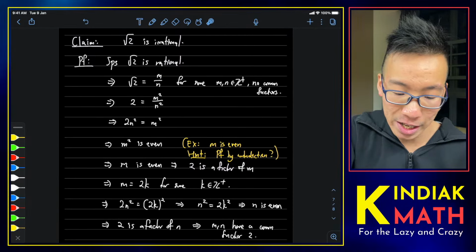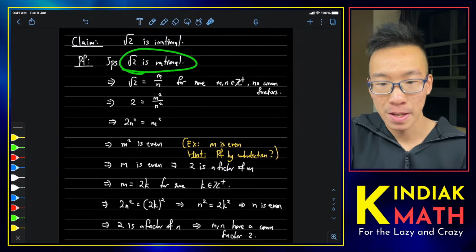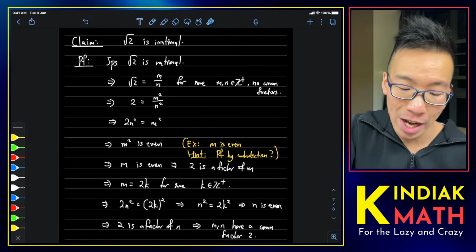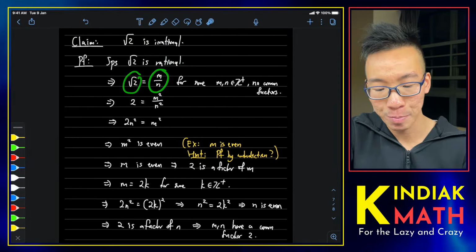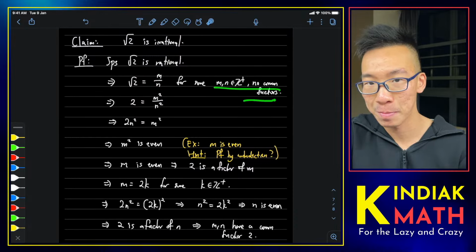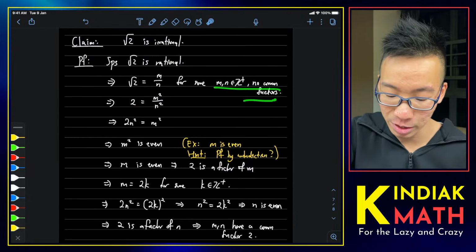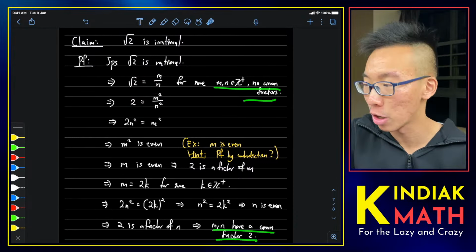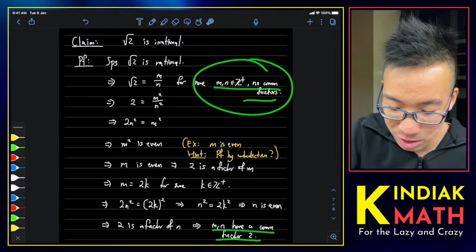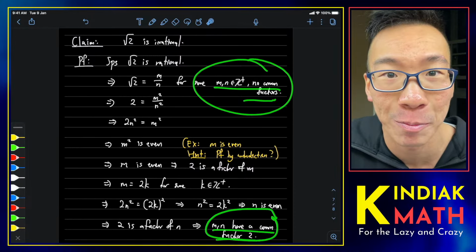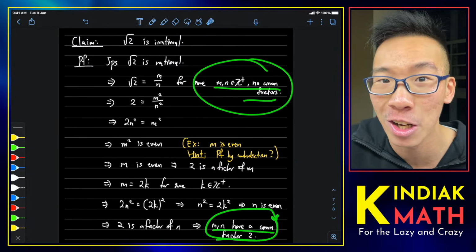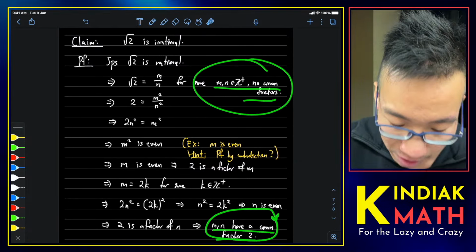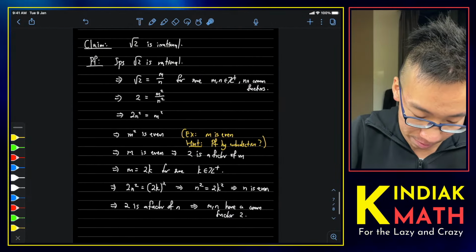We have shown that if root 2 is rational, then on the one hand, root 2 can be written as m over n, where m and n have no common factors. On the other hand, we've also shown that m and n have a common factor. How can these two ideas be true at the same time? They can't. You can't have no common factors and common factors at the same time. This is what we call a contradiction.